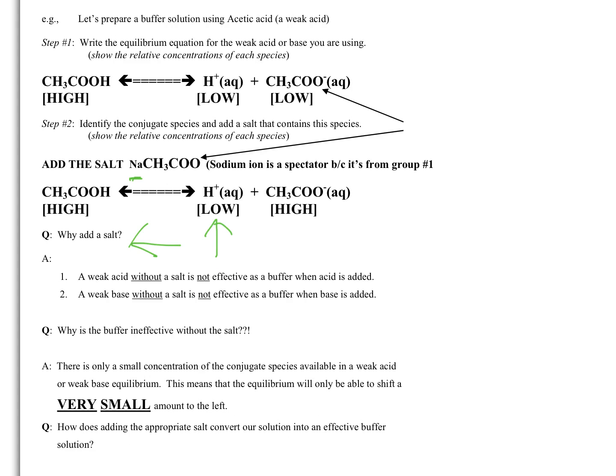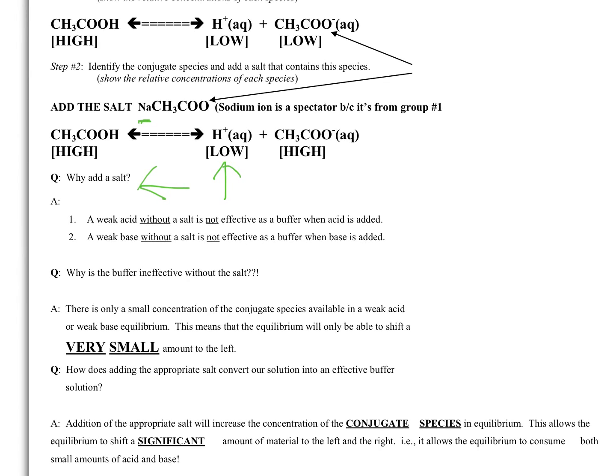So how would adding a salt convert our solution into an effective buffer? Why does this high concentration help this? Well, the addition of the appropriate salt will increase the concentration of the conjugate species. This allows the equilibrium to shift a significant amount of material to the left and the right.